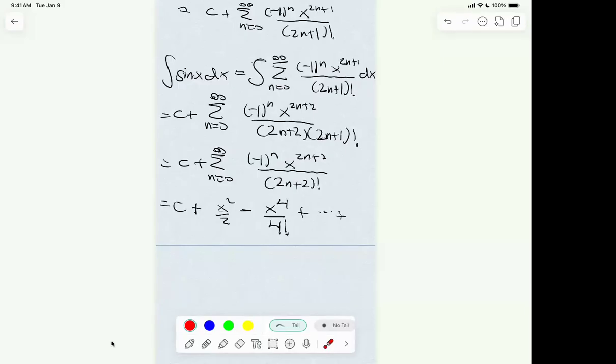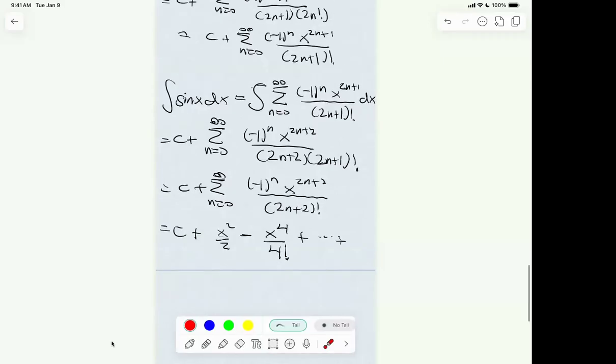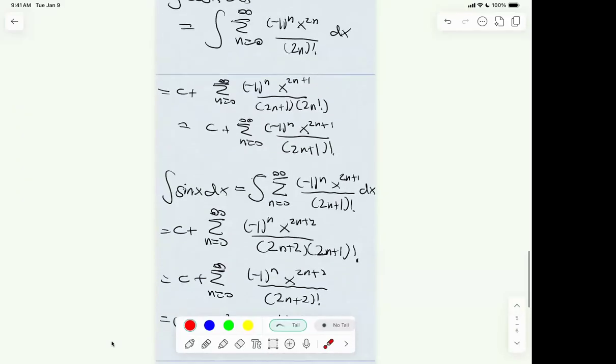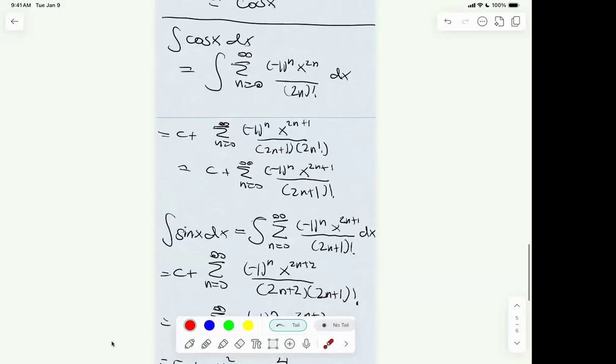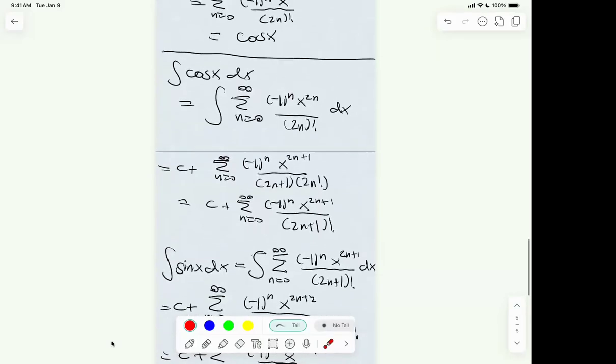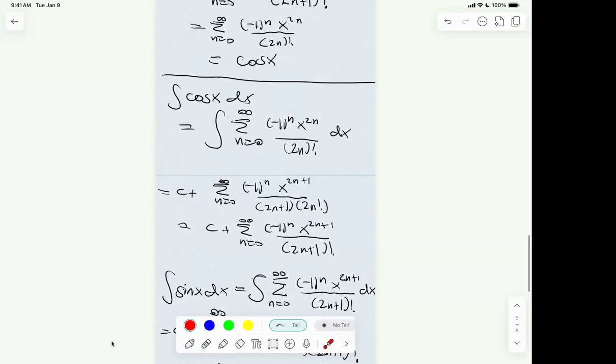Oh, sorry, yes. I just missed the cosine x. Oh, okay. Yes, I was saying that regardless of which it is, you can integrate term by term, and that would work.